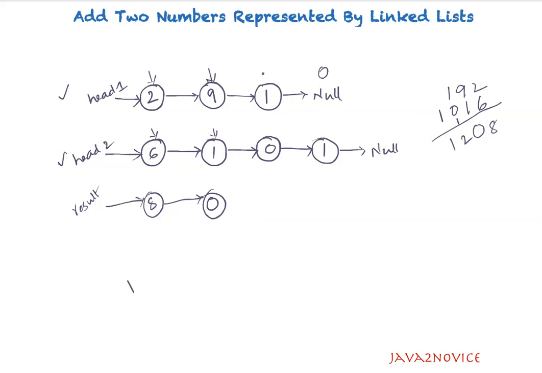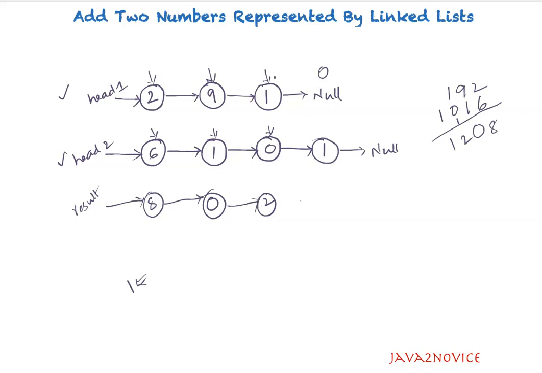Now we'll move pointers to the next nodes, and again we'll do the sum 1 plus 0, which is 1, and there is a carry available which we need to include in the sum. So the total is 2. Create a new node, create a link, next reference.